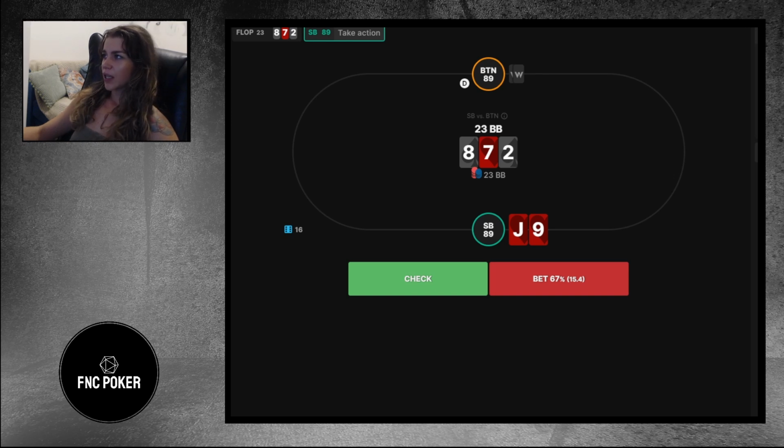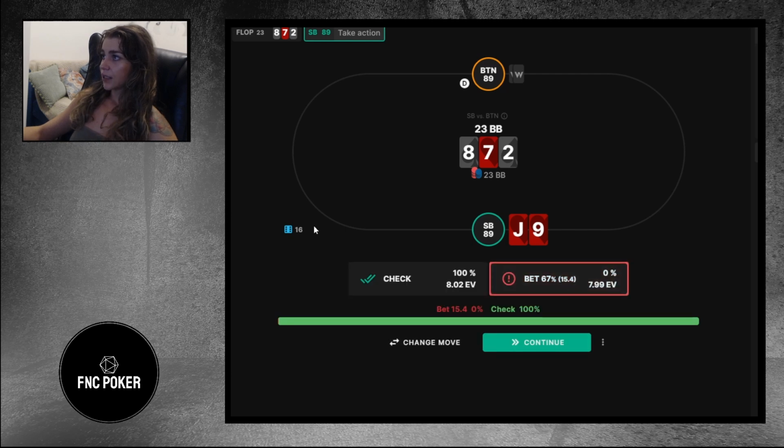We can also put in some check-raises here, but for check-raises it does get a bit tricky. We probably want to have an offsuit backdoor flush draw or an actual flush draw. But yeah, I don't think check-raising this is bad if we do it at a low frequency. So we roll low. We see this is actually a 100% check.